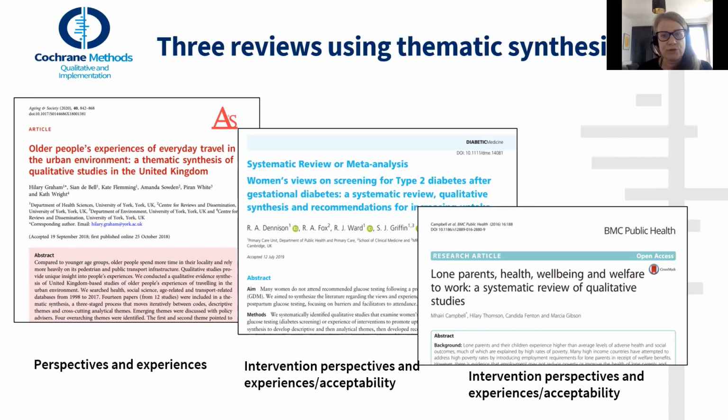And these 3 reviews speak to different categories of how thematic synthesis is being used that James talked about at the very beginning. So I'm going to talk about one review which just focuses on perspectives and experiences of a particular phenomena. And in this case, it's older people's experiences of everyday travel.